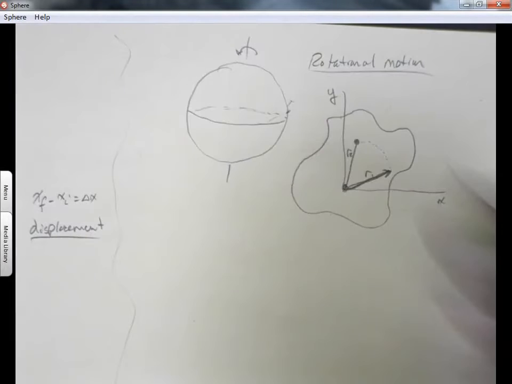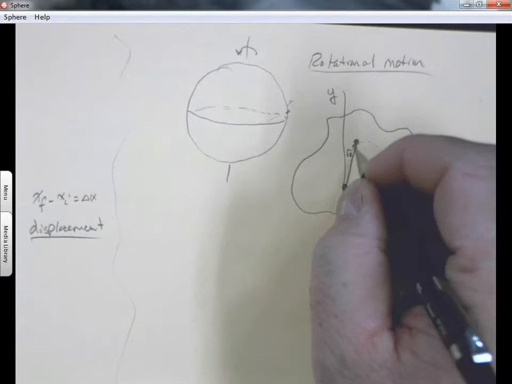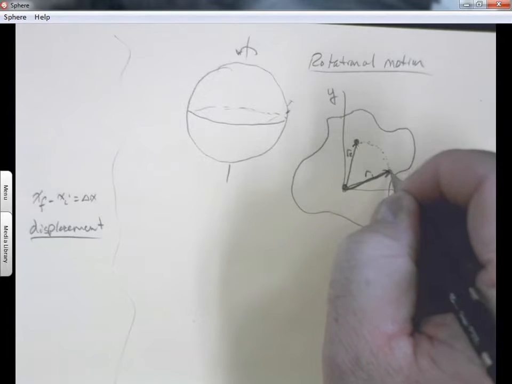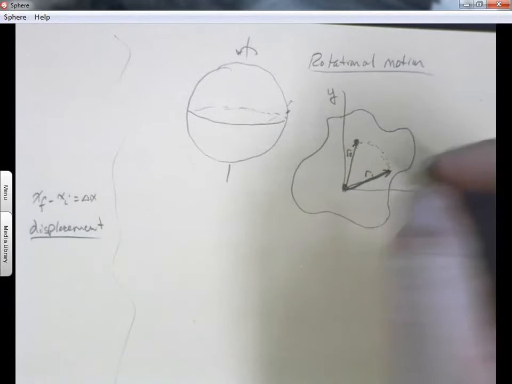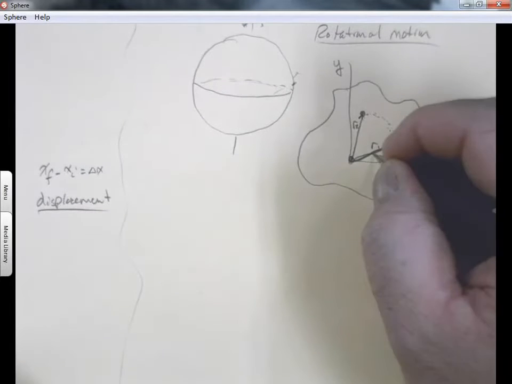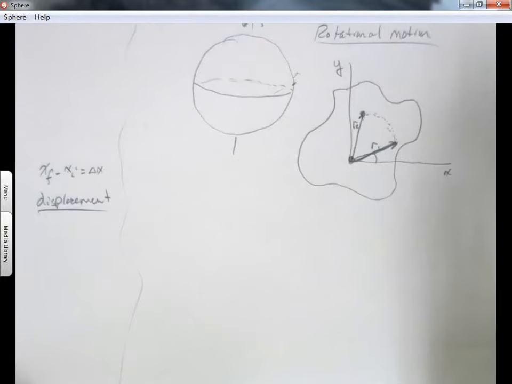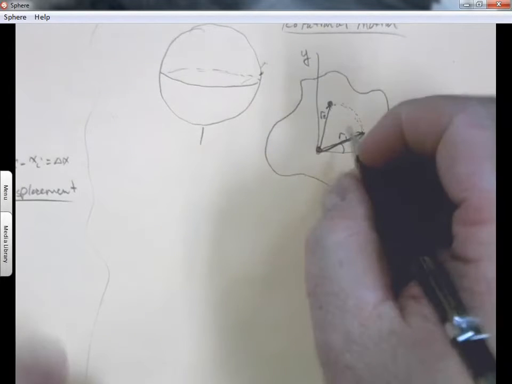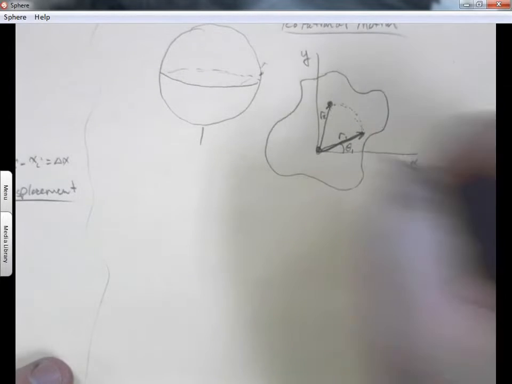Alright, well, because we know this object is rotating in a circle around this point, we can start describing things in a little different way. This right here is going to be its original angular position, and this is going to be theta 1.